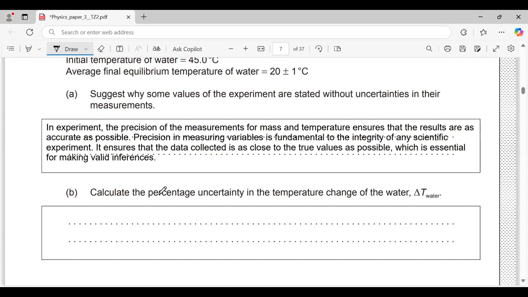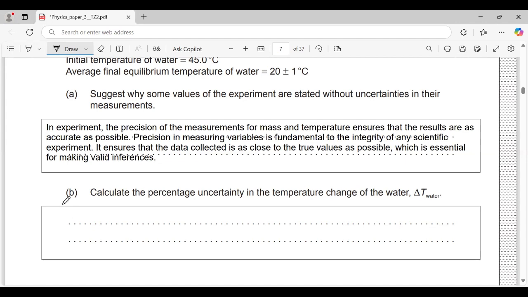Let's continue. Calculate the percentage uncertainty in the temperature change of the water. Delta T water is the change of water temperature. Right.